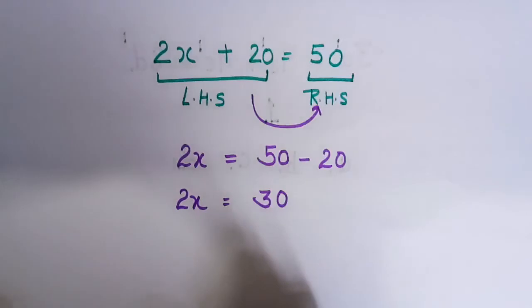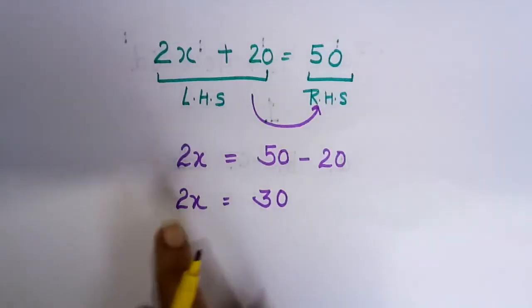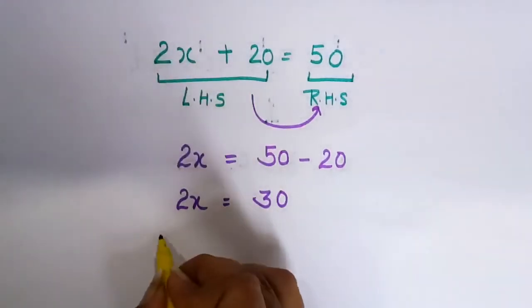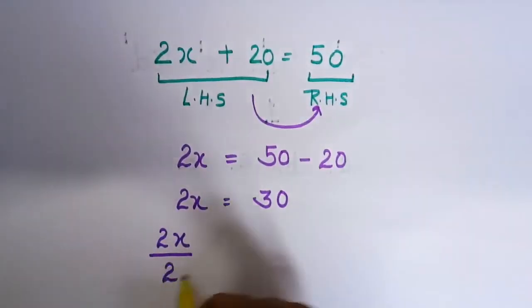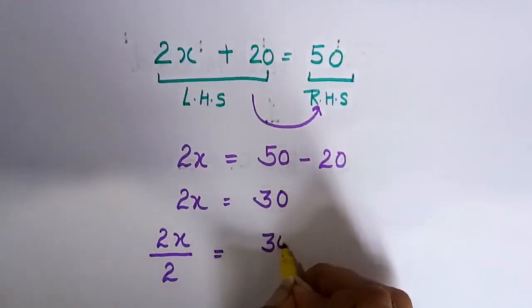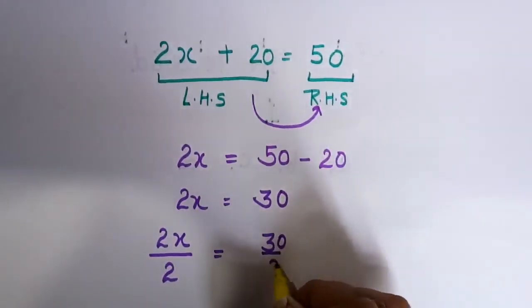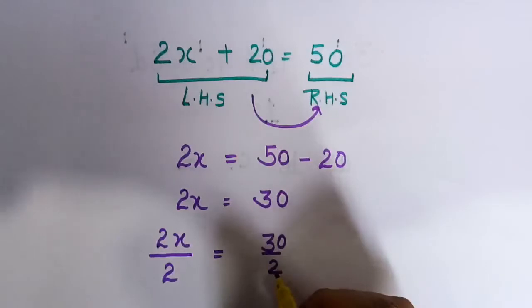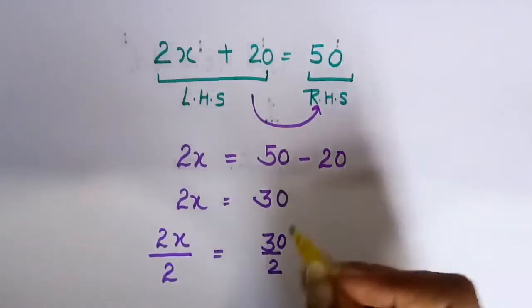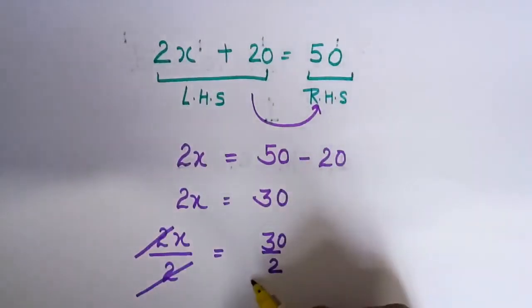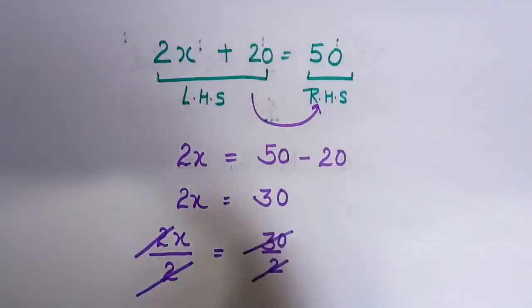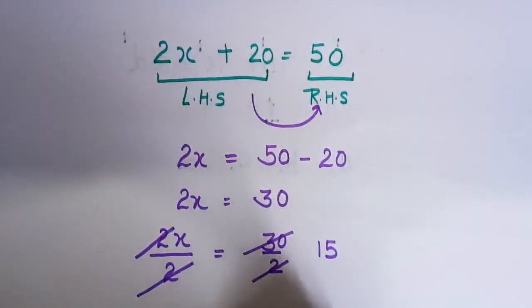Now we have to divide both sides by 2. So 2x divided by 2 and 30 divided by 2. Now 2 is cancelled out by 2 and 30 divided by 2, we get 15. So this gives x is equal to 15.